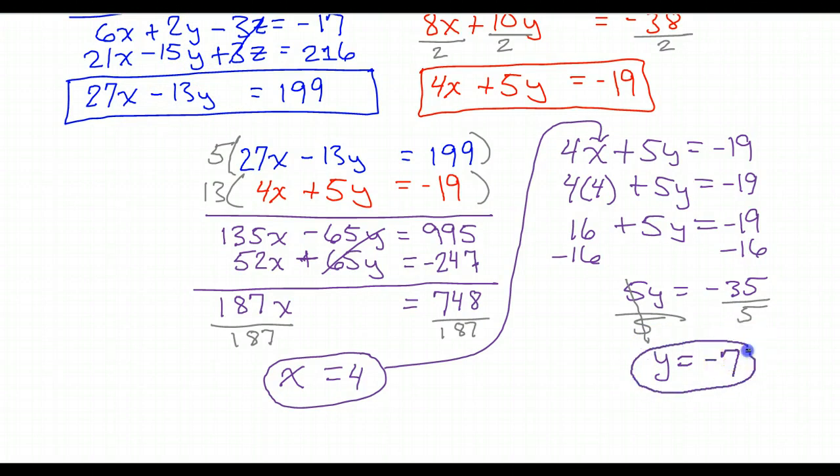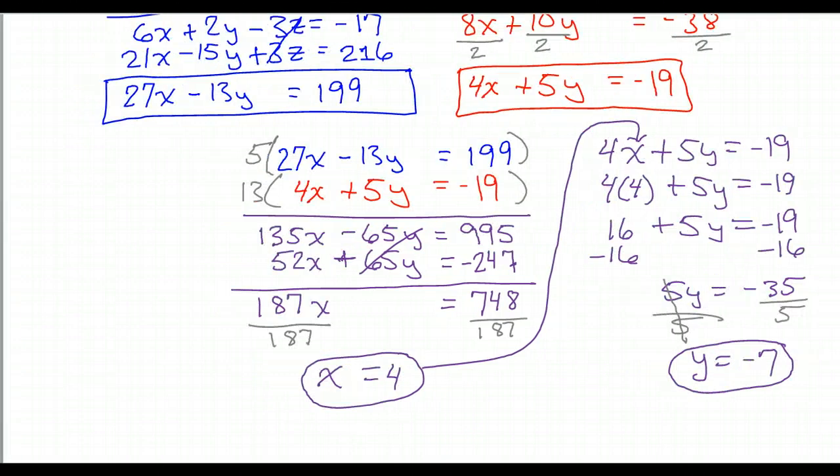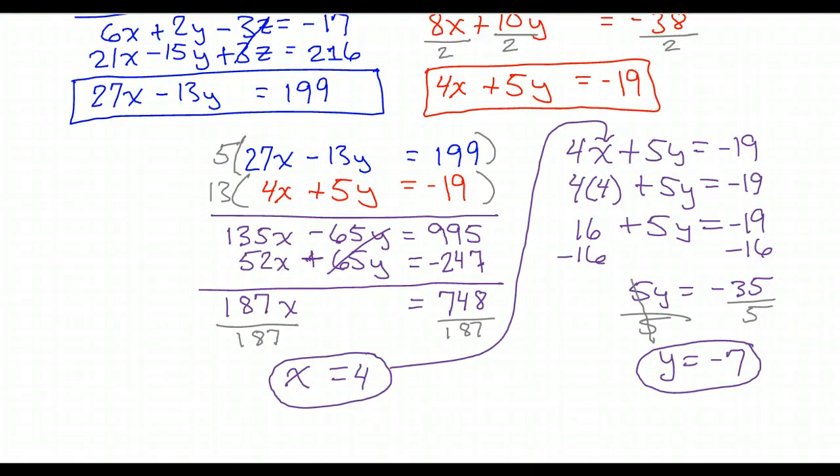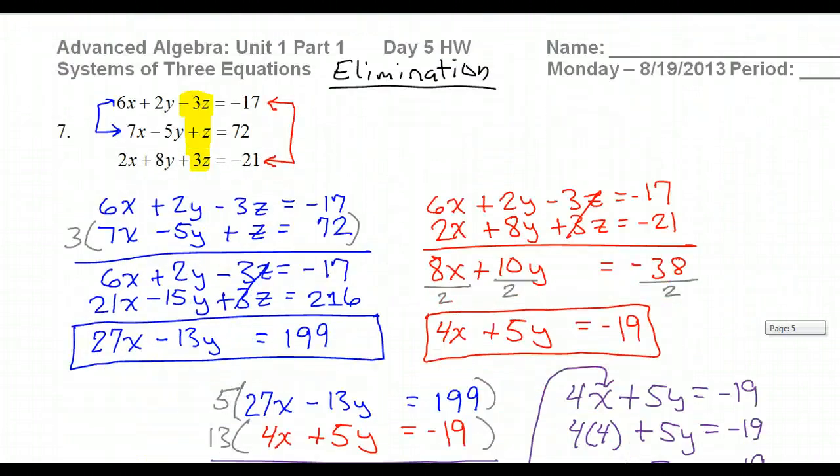Okay, so those are the two values that I got from putting the blue equation with the red equation and solving it like normal. Now that we have the two answers, these two variables, I can always plug them back into one of the original equations. Any one of these original equations up here.